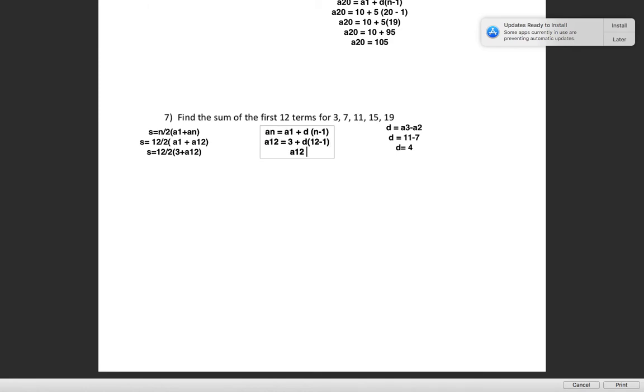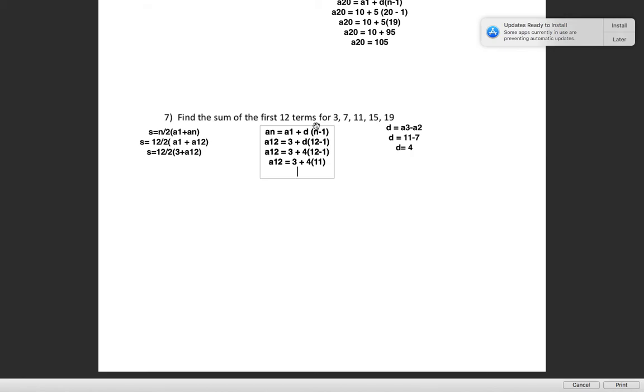So let's plug that in. A12 equals 3 plus 4, 12 minus 1. Hopefully we're almost done solving for A12. A12 equals 3 plus 4 times, what are we going to do first? Brackets always.